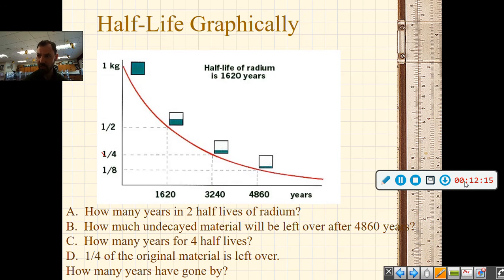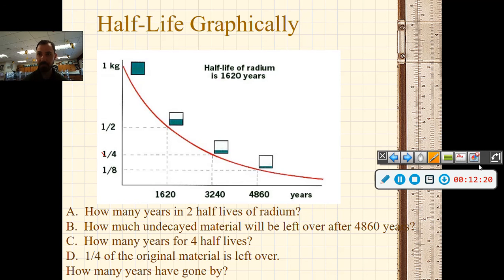Okay, we can also do this graphically. So here's an example with a graph. You can read simply off the graph sometimes in the questions. Okay, so let's do these. You could pause the video and actually try these on your own first. Okay, so here we go. So letter A, how many years in 2 half-lives for radium? Well, 2 things you could do.